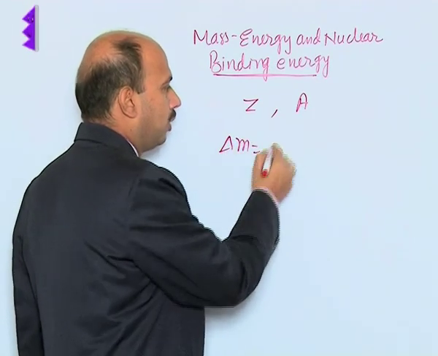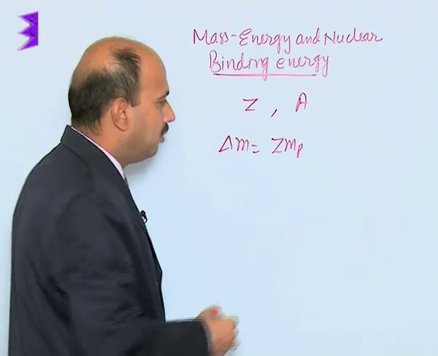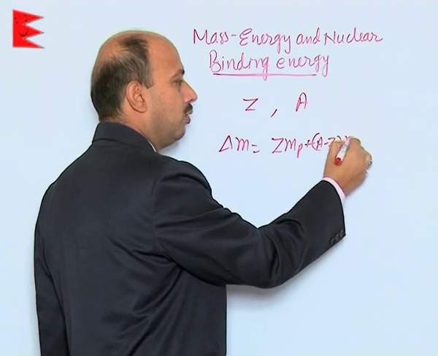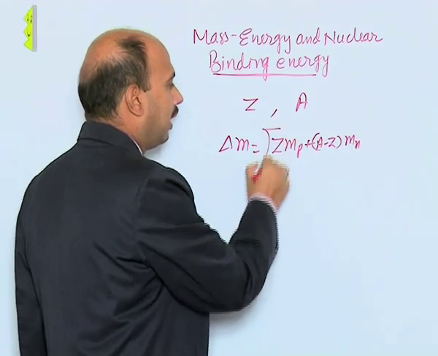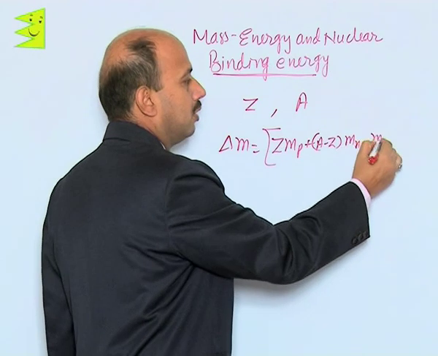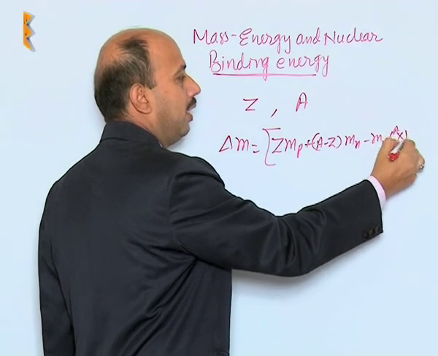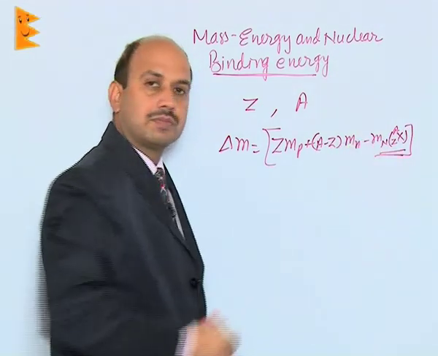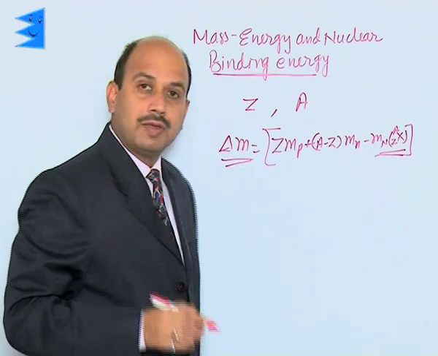Delta M is equal to Z Mp, that is the total number of protons present inside the nucleus, plus (A minus Z), the total number of neutrons, times Mn, the mass of a neutron, minus the mass of the nucleus formed, which is this A. So we have calculated the mass defect during the formation of a nucleus.